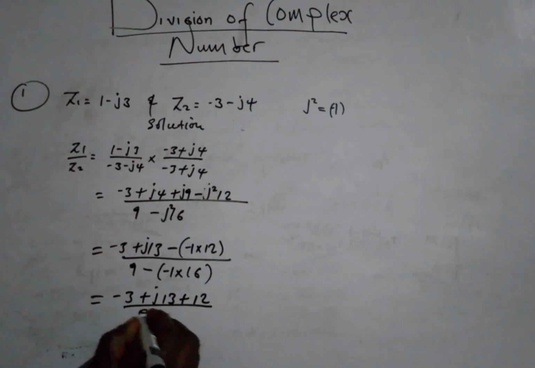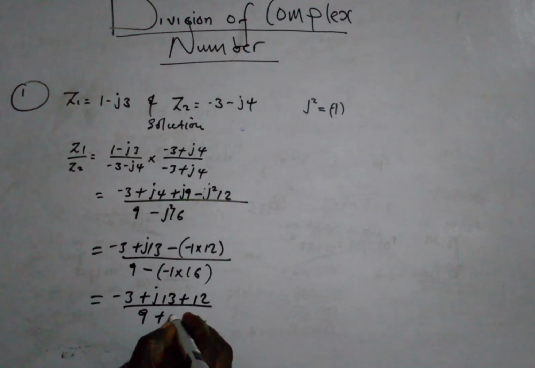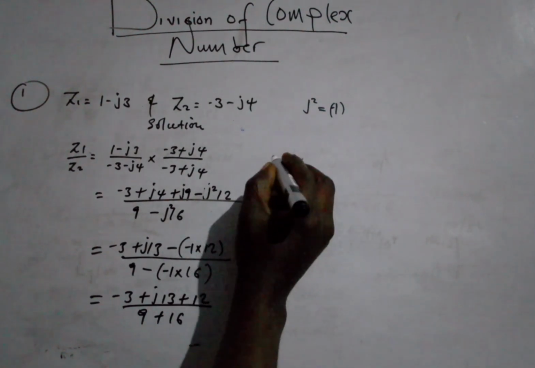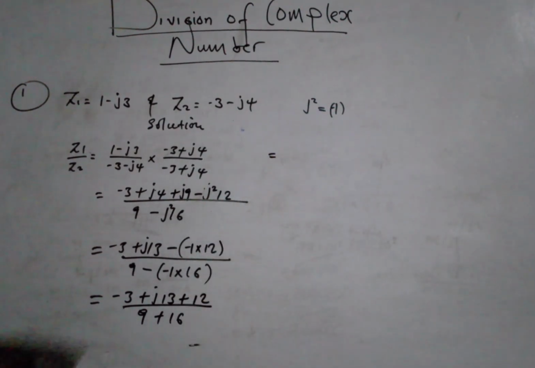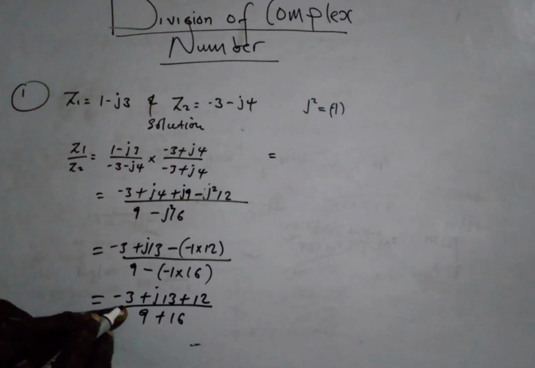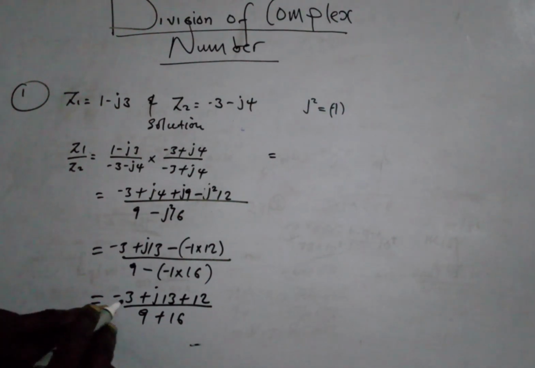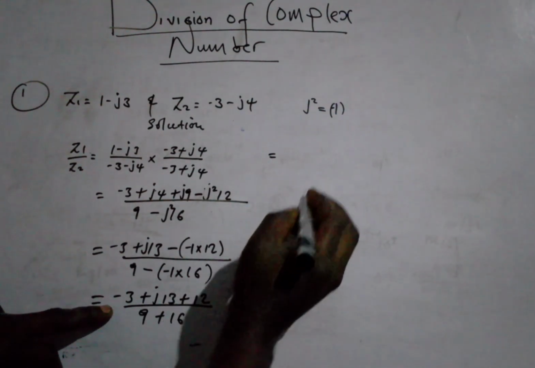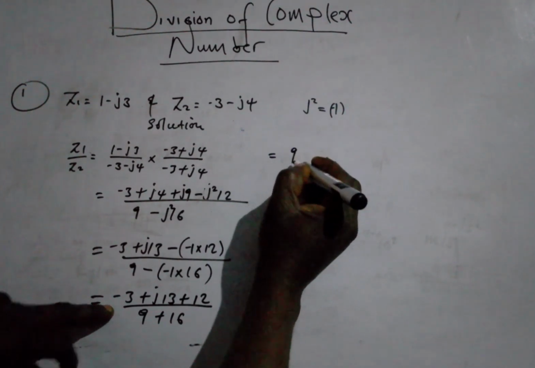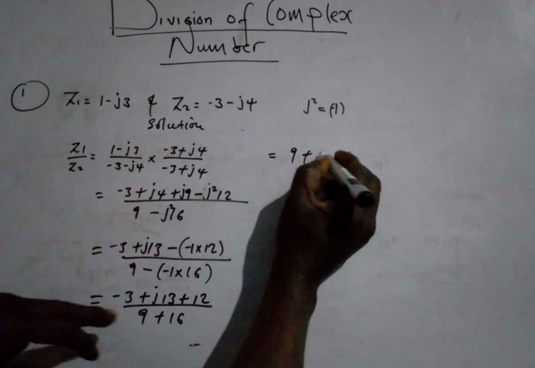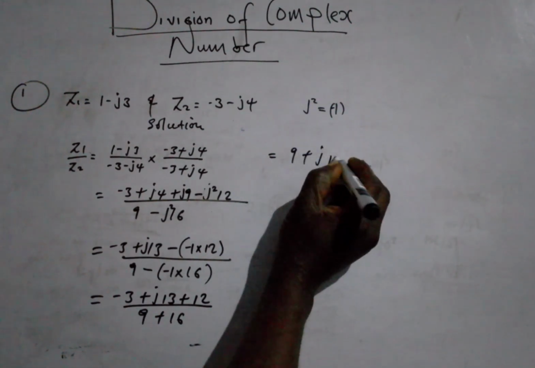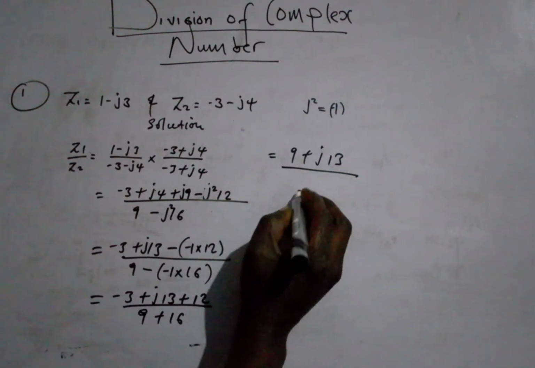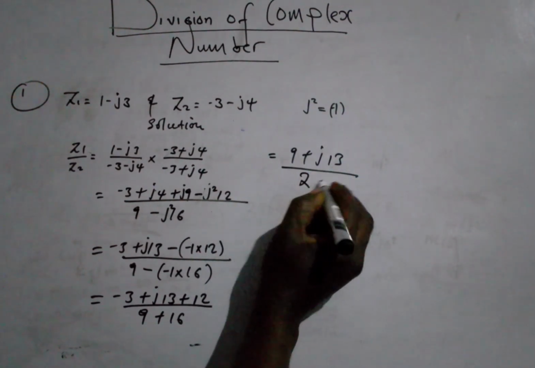It will be 9 plus 16. Here you are going to collect the like terms: minus 3 plus 12, you are going to have 9, plus i18, over 25.